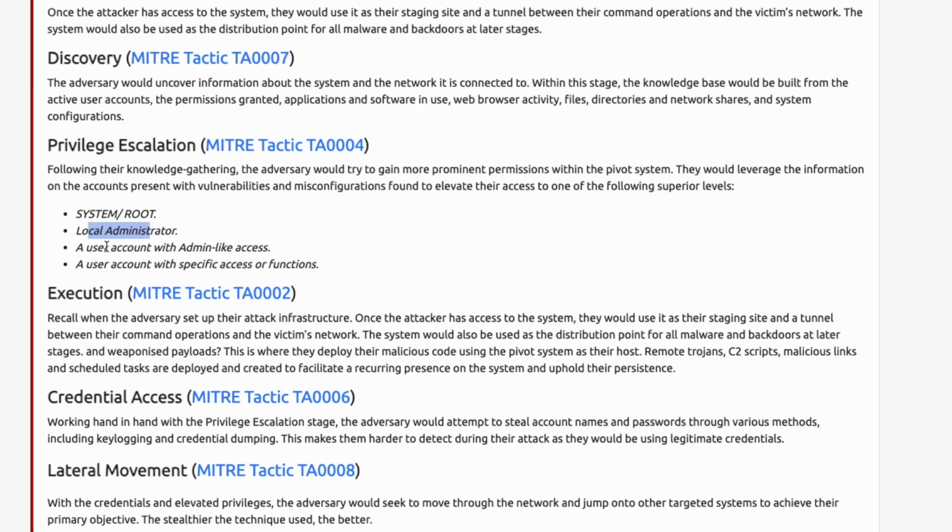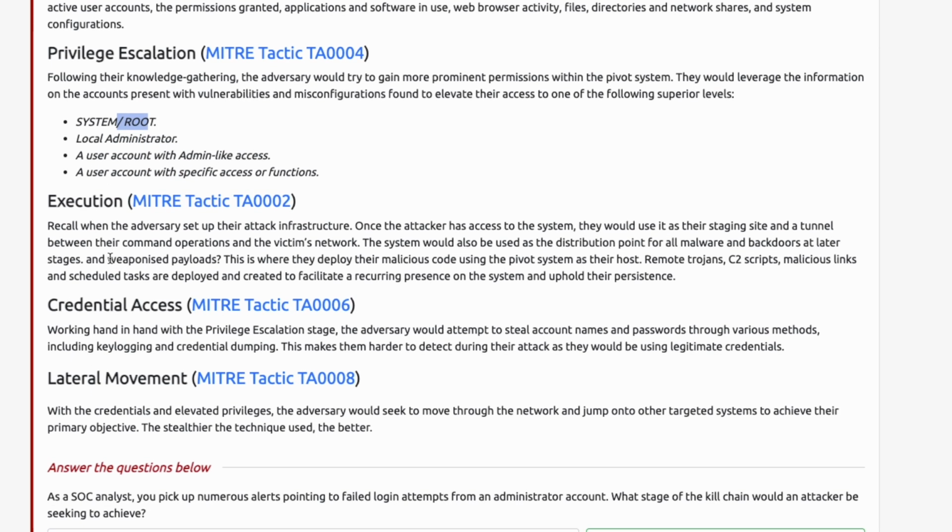But there's also the local admin, a user account that has admin-like access to certain files or other systems. And then there's the user account with specific access for functions, right? So this is the highest, and you want to work your way up until you get access to that. And then you have execution, when the adversary sets up their attack infrastructure.